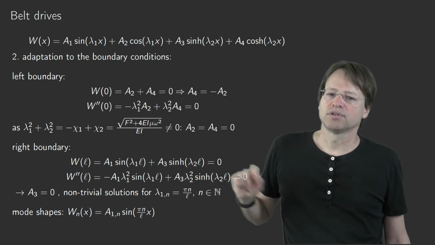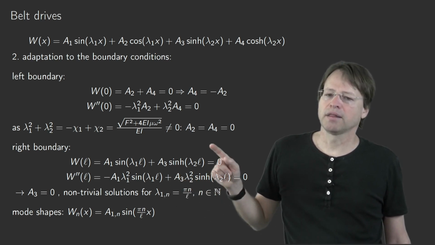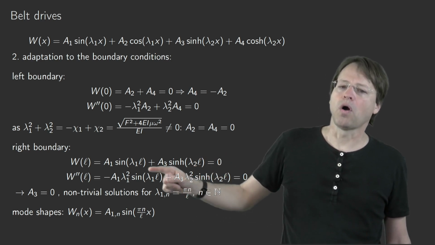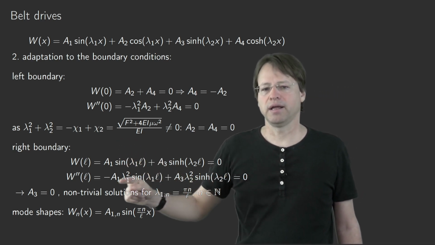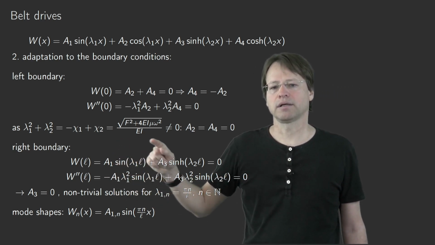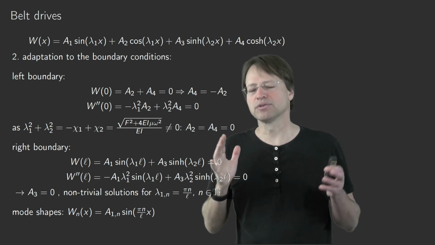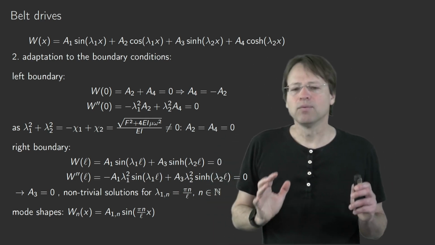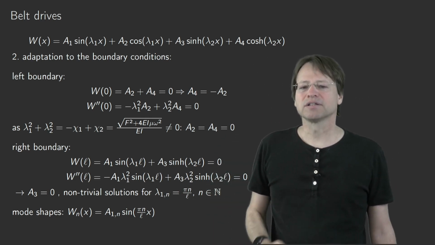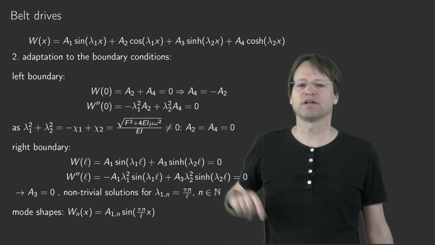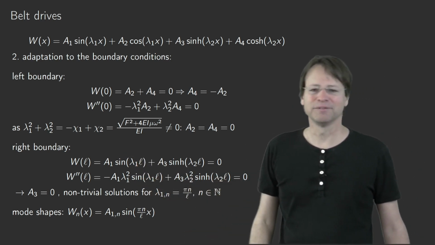So these non-trivial solutions are then solutions of an eigenvalue or characteristic problem, one should say. I avoid talking about a characteristic polynomial here because the sine function is not a polynomial.